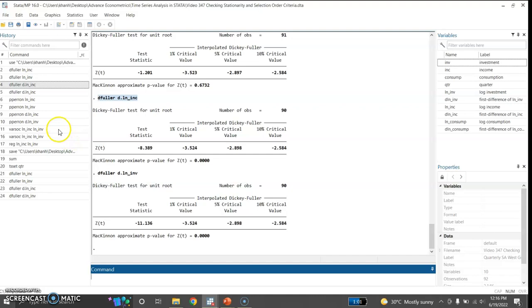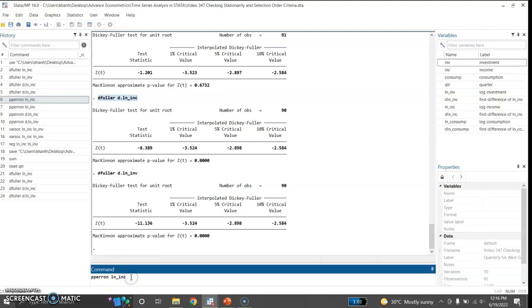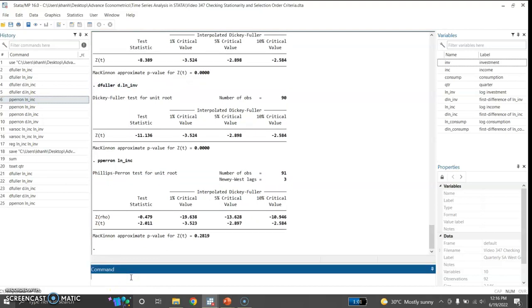We can also check the same using Phillips-Perron test, and here is the Phillips-Perron test for the log of income. And again, the MacKinnon approximate p-value for this is greater than 0.05. So this test also shows that the log of income has a unit root, that is, it is non-stationary at level.